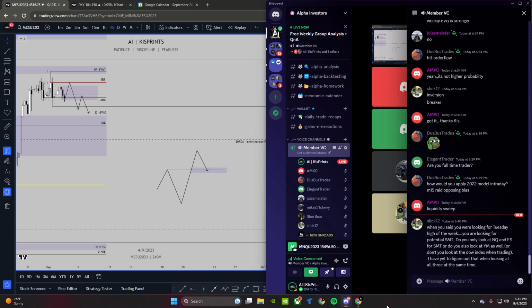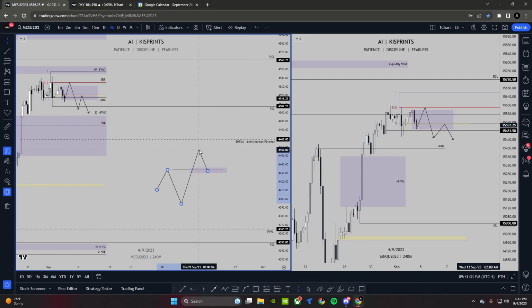But if you guys read my thread on Twitter, I said my checklist is simple, you want to keep it simple. My checklist is liquidity sweep, break of structure with displacement, and retracement into a PD array, which is exactly this right here.